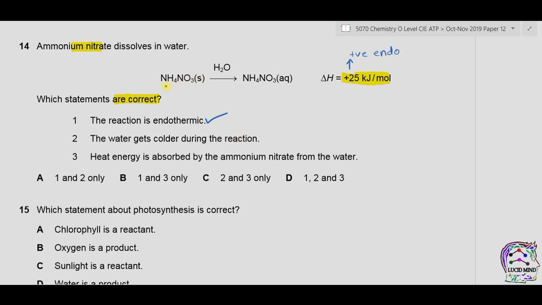As energy is absorbed by ammonium nitrate solid from the surroundings, and water is the surrounding, temperature will decrease in endothermic reaction and water will become cold. Number 3. Heat is absorbed by the ammonium nitrate from water. This is also correct statement because the temperature of water is reduced. As all three options are correct, the answer is D.